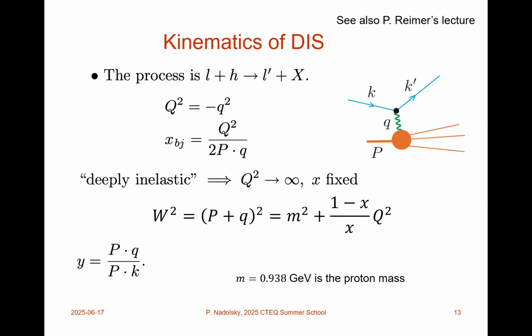Then this picture that I will describe to you applies when Q squared is large and X is not too small. X does not go to zero as Q squared goes to infinity. And then I'll quickly tell you what happens if X does go to 0. Now, there are other variables, like the inelasticity variable or the total energy of the photon-proton collision. I will not talk about those for now.